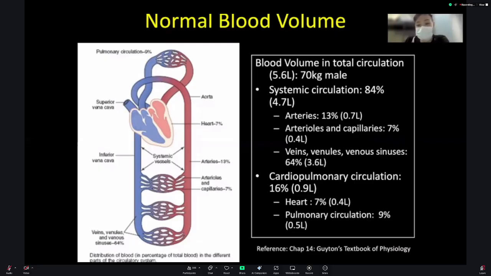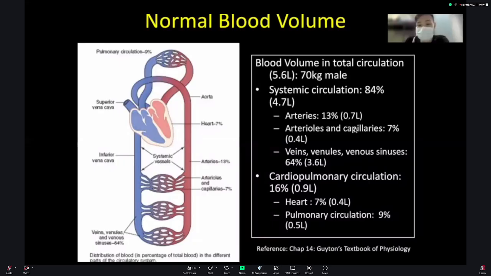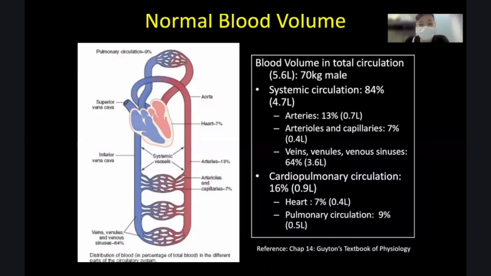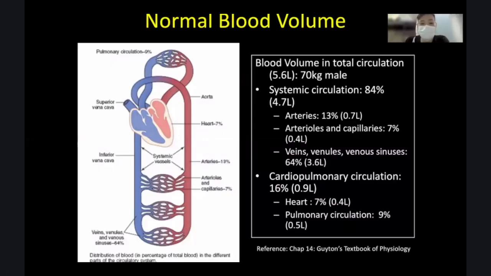Then the remainder, the 16%, is in the cardiopulmonary circulation. Here you can see the different distribution within the systemic circulation and the cardiopulmonary circulation. So if you ask how much blood do I have in the body? Approximately 5.6 liters of blood.